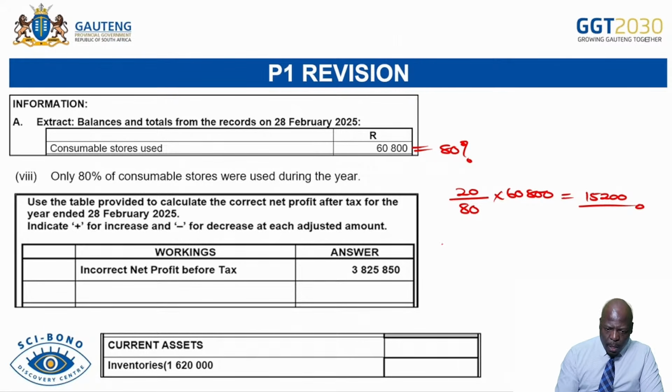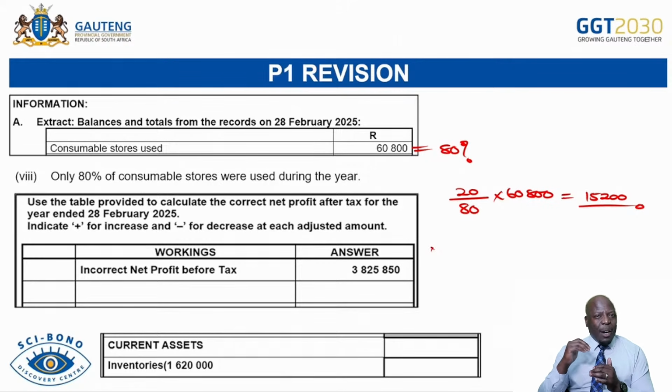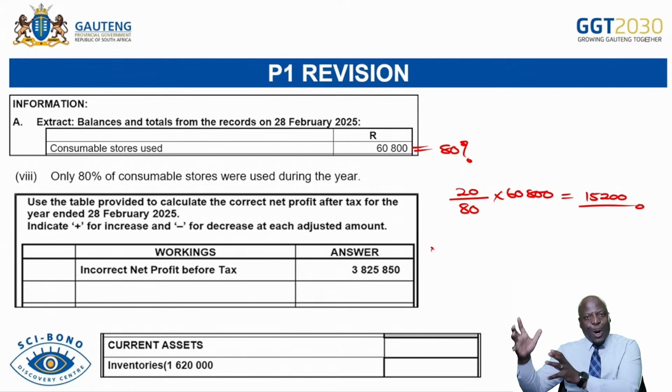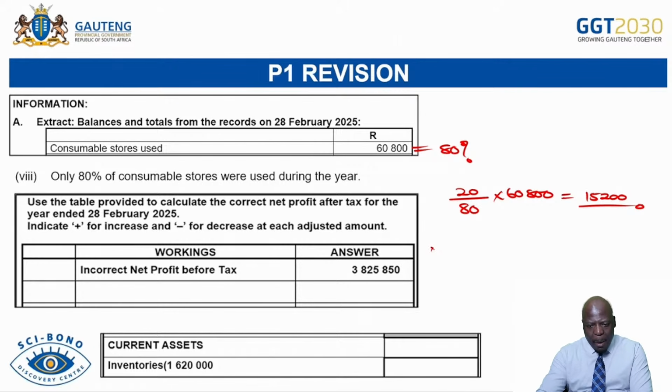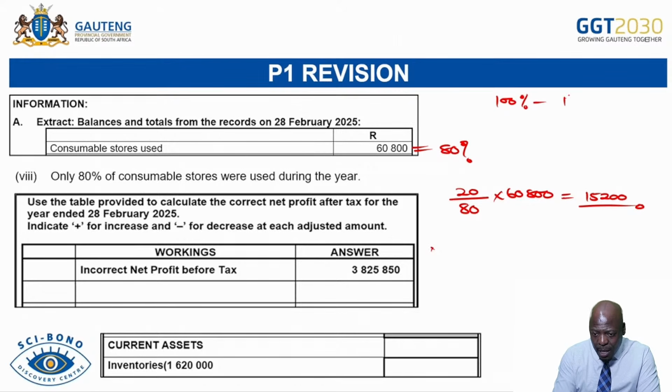Now, when we're doing the correct net profit calculation, remember we are correcting errors. So the understanding would be that the entire consumable stores amount was recorded, the 100%. Remember, you have purchased consumable stores 100%. 100% is what was purchased, and then 80% was used, and then 20% is on hand.